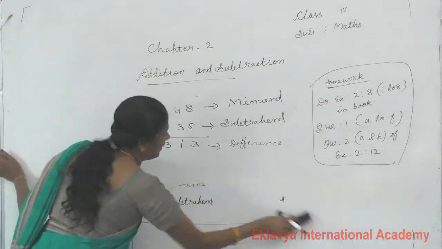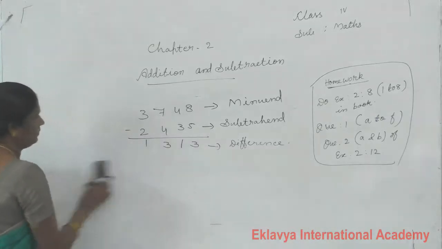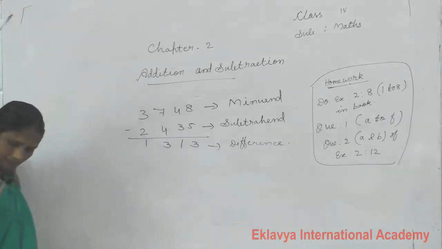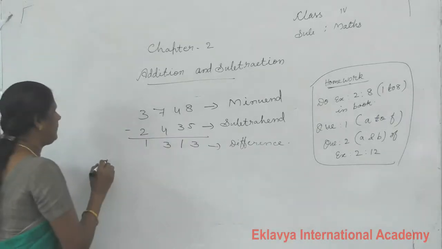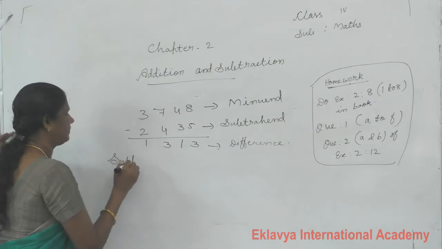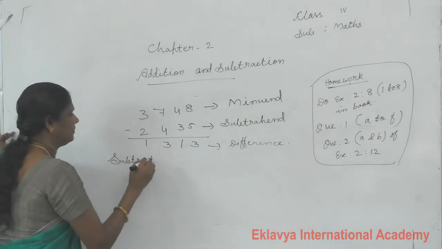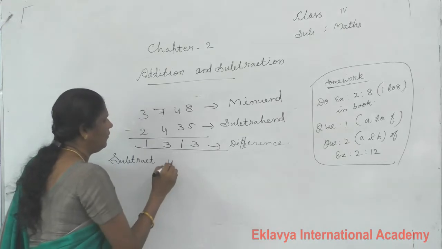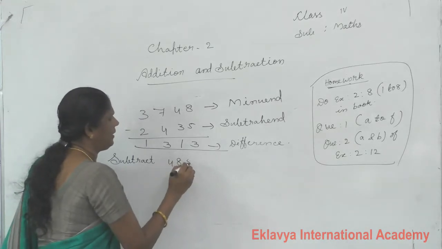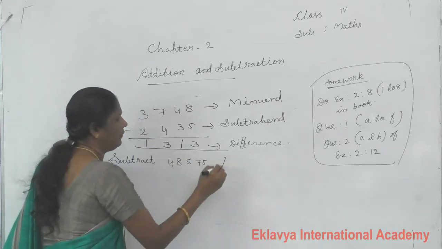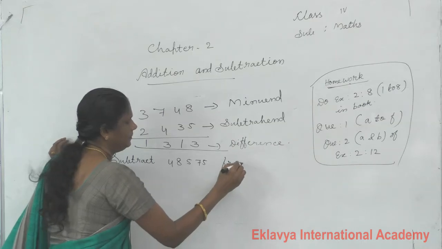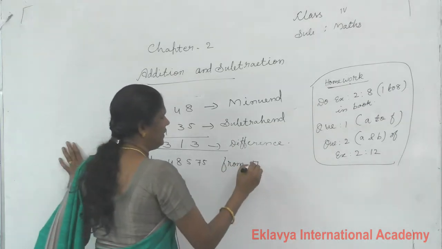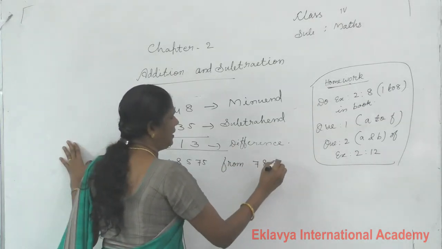For example here, subtract 48,575 from 78,325.